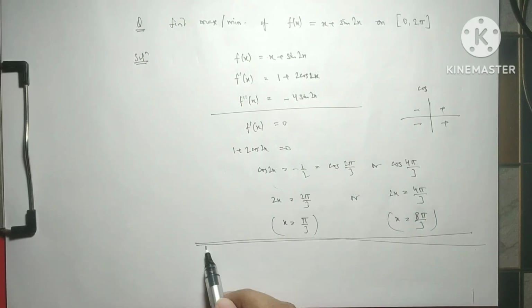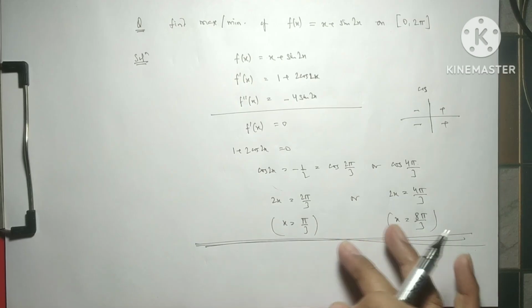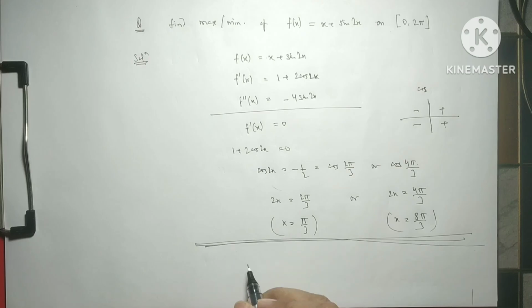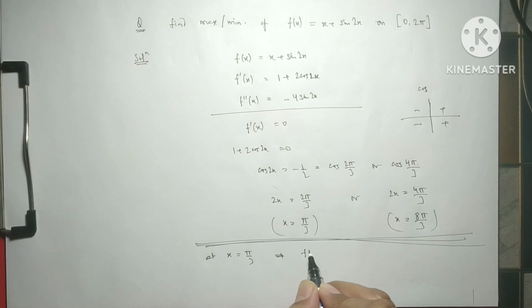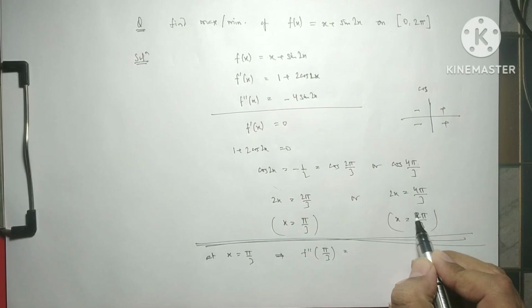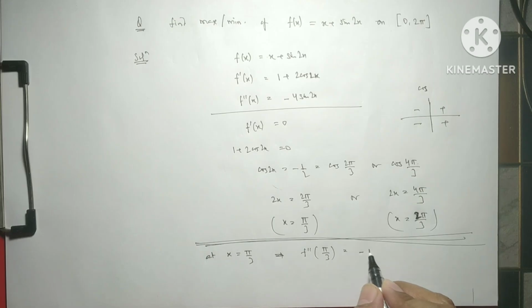We will check now whether the function has local maximum or local minima, when we put the value of x in f double dash x. So at x equals pi by 3, f double dash pi by 3 will be minus 4 sine 2 into pi by 3.